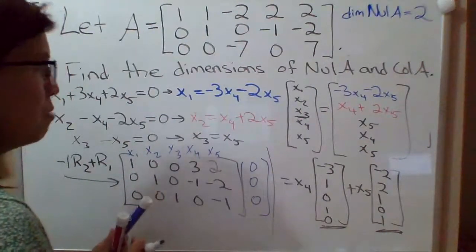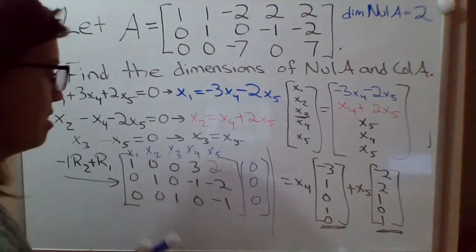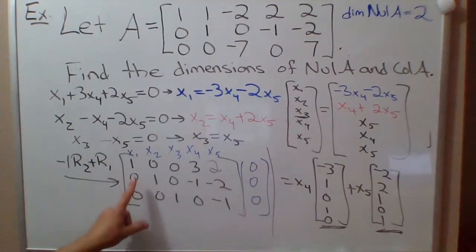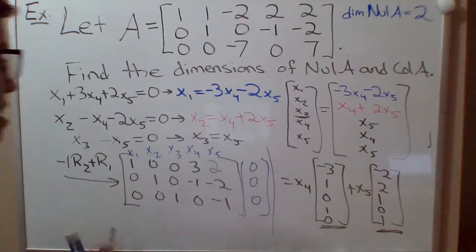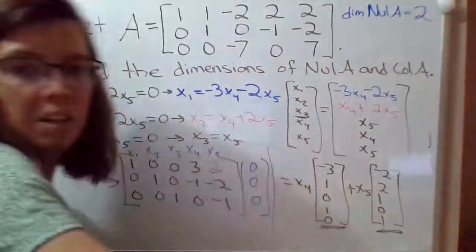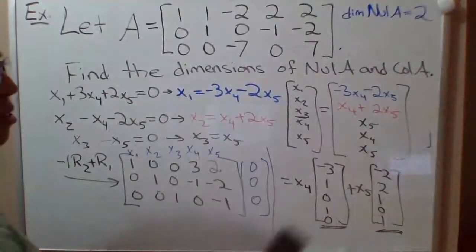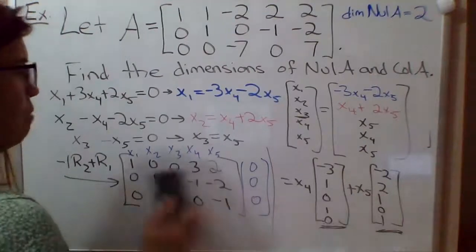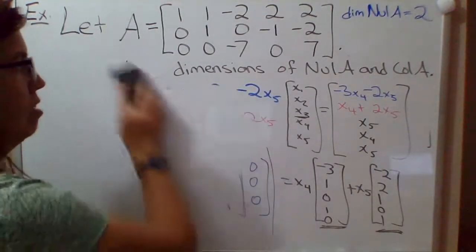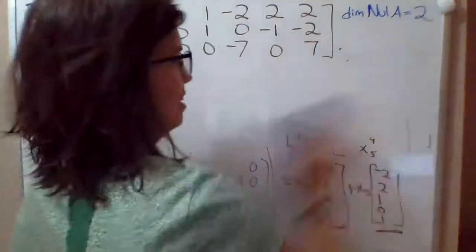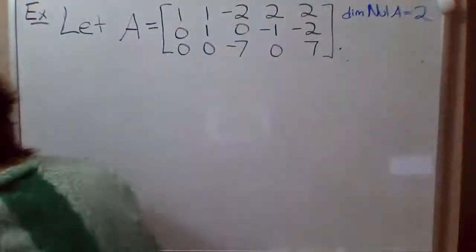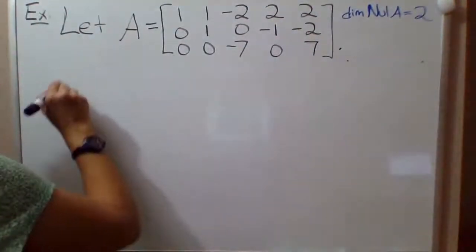Now we want to think about the dimension of the column space. And I can do that without writing a bunch of work. So let's focus on the reduced echelon form here. Now that we found a basis for the null space, I'm going to erase that. I think what I'd like to do is copy the reduced form. I'm realizing I probably shouldn't have erased it, but it's okay, I have it saved.